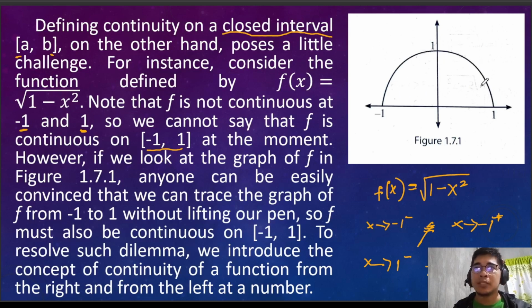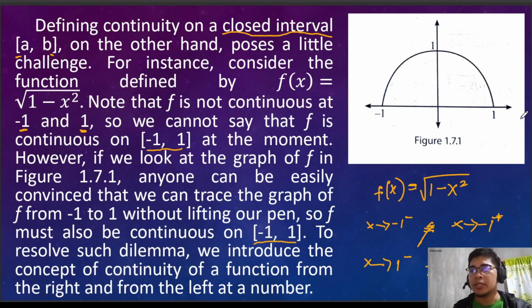Meaning, continuous siya ani nga side. Diba? Sa previous lesson nato, pag matrace gani nato ang graph without lifting our pen, meaning that is continuous. So they are continuous at the closed interval negative 1 to 1.